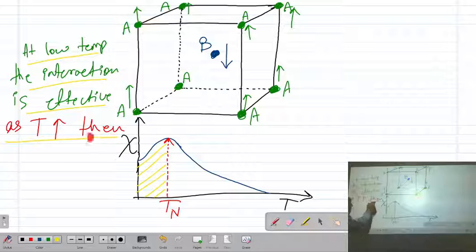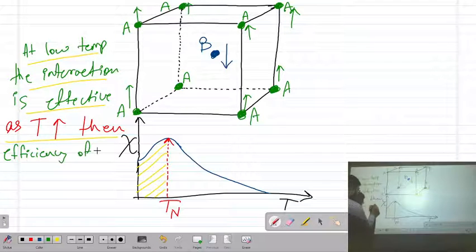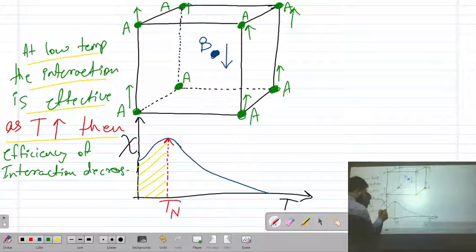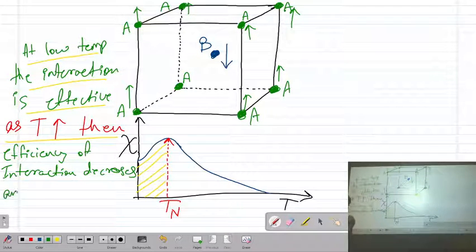As T increases, let me write the whole sentence. Then the efficiency of interaction decreases and chi increases.